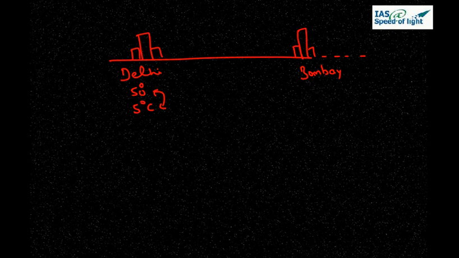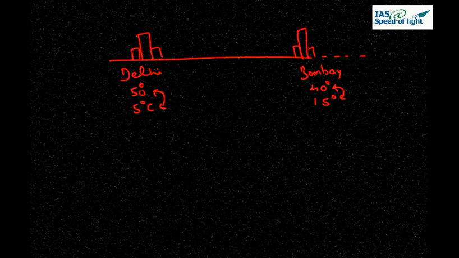While in Bombay, you will see 40 degrees, and in winters it may go down to 15 degrees. So less extreme temperature is experienced in the marine environments because of the presence of moisture. So we will make this a fact: the more moisture there is, the less extreme the temperature will be.